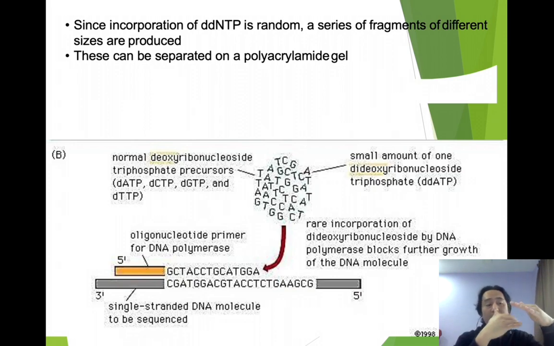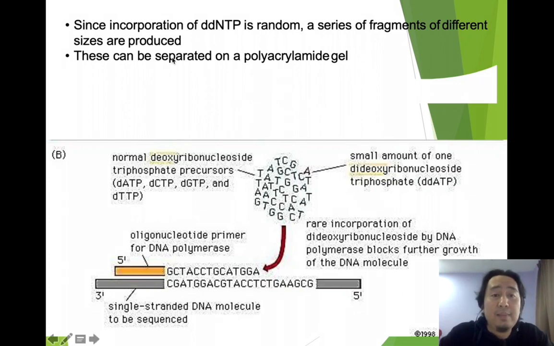This series of fragments can be separated in electrophoresis, so you can tell where their sizes are. Maybe the first band happens after 6 incorporations, the second band 3 times, 4 times, and so forth. So it is random, we cannot control.